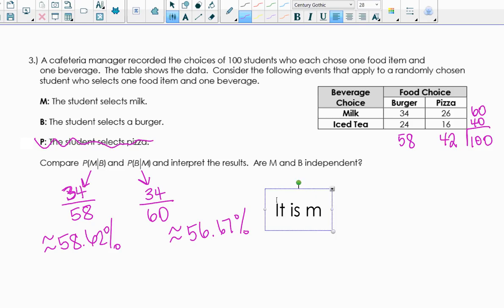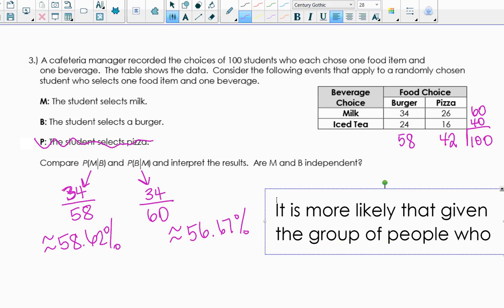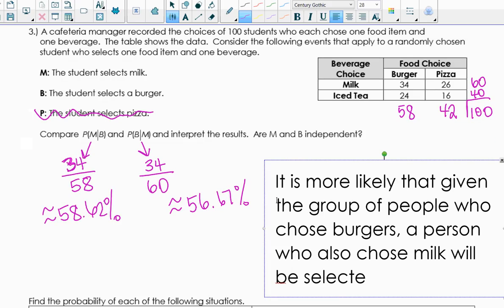It is more likely that, given the group of people who chose burgers, a person who also chooses milk will be selected.